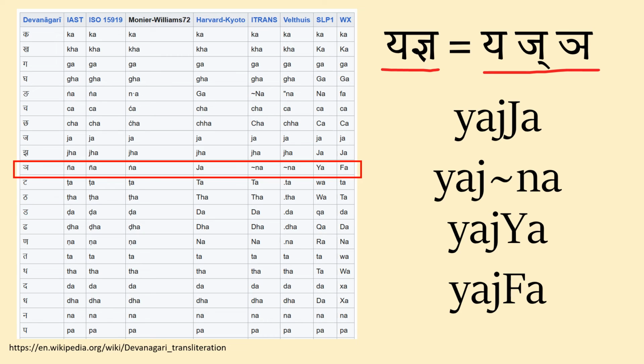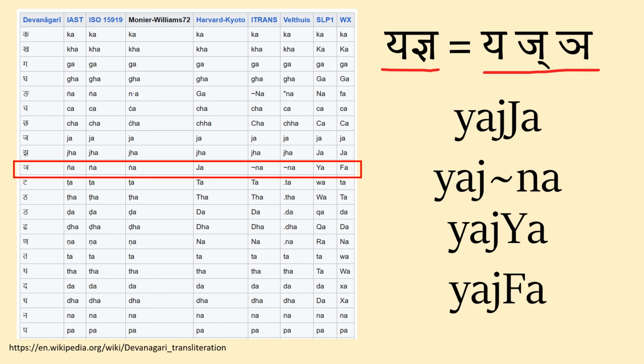So some of the transliteration schemes are shown here: IAST, ISO, Monier Williams, Harvard, Kyoto, etc. We can use any of these, and if we use, let's say, Harvard-Kyoto, this transliteration scheme, the symbol for nya sound is shown here as uppercase J.